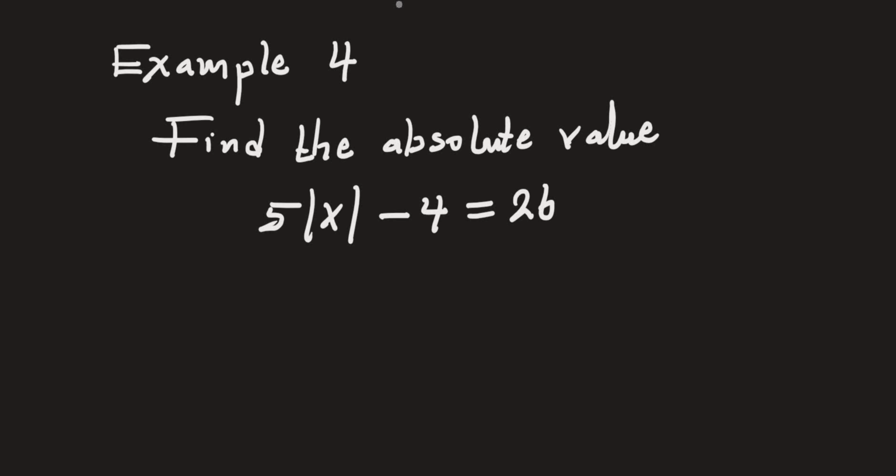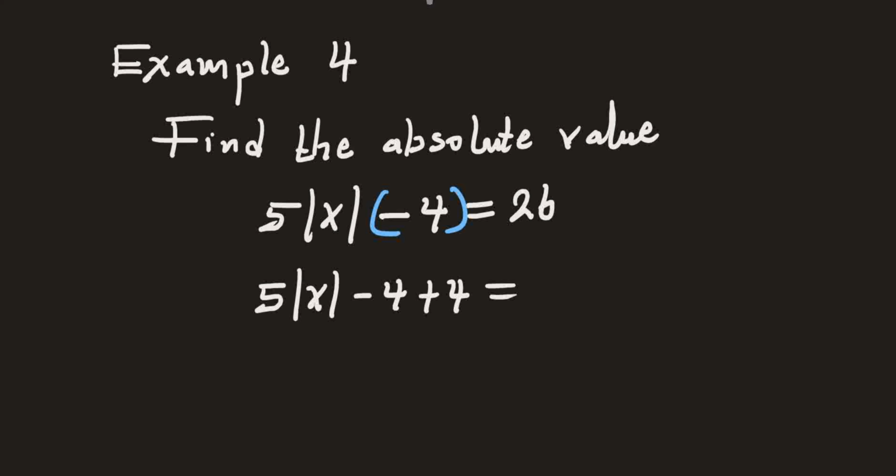Now the first thing we are going to do is to get rid of this value, -4, and we can do that by adding 4 to both sides. So 5 absolute value of x -4 plus 4 is equal to 26 plus 4.